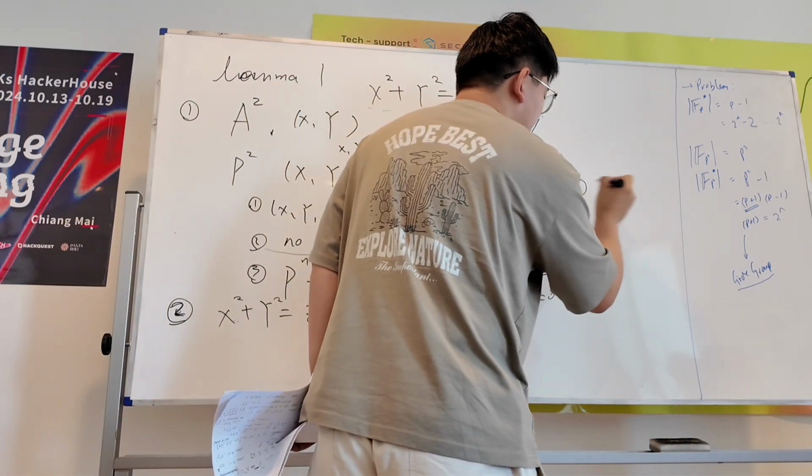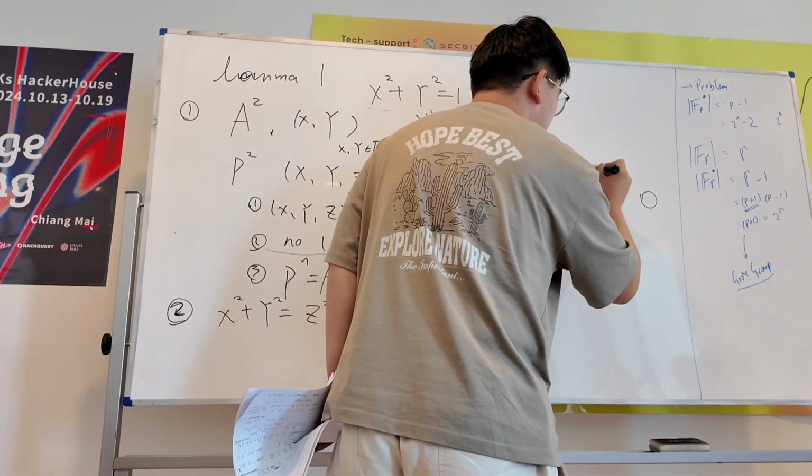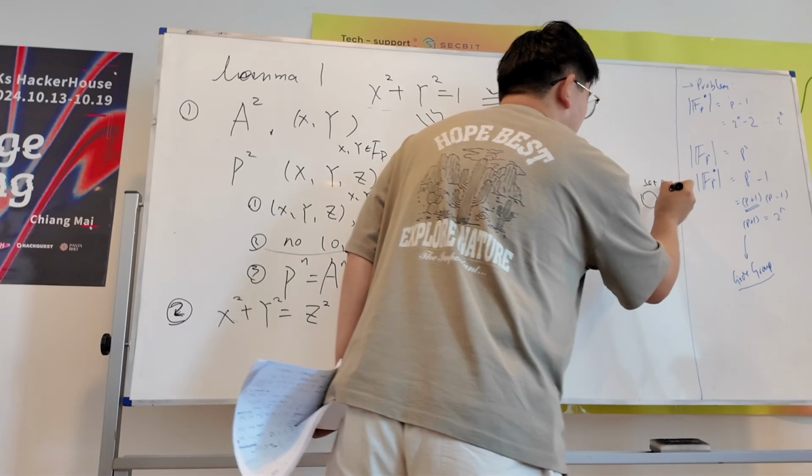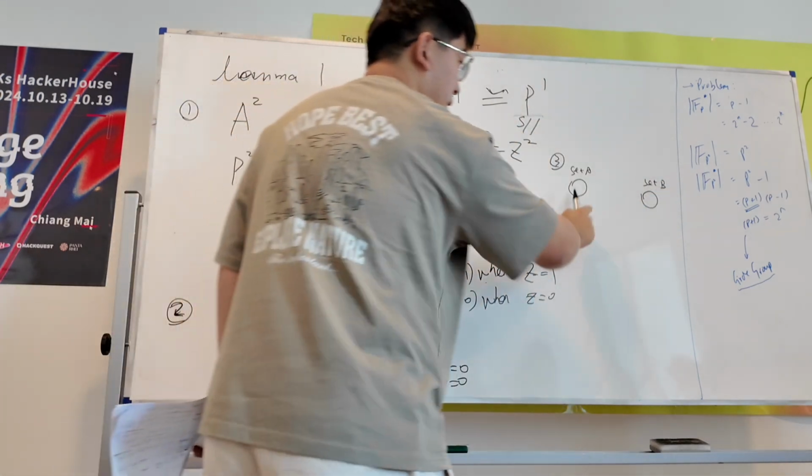We have two sets, right? Set A and set B. How do we find the isomorphism between these two sets?